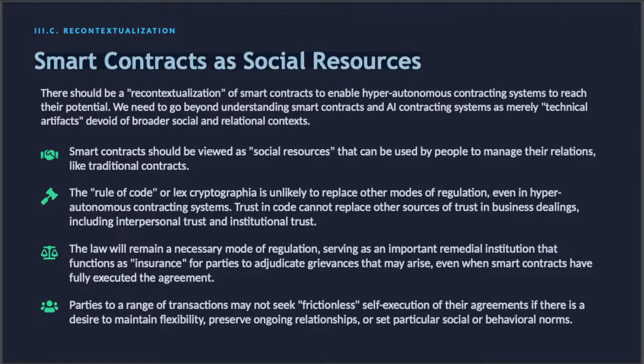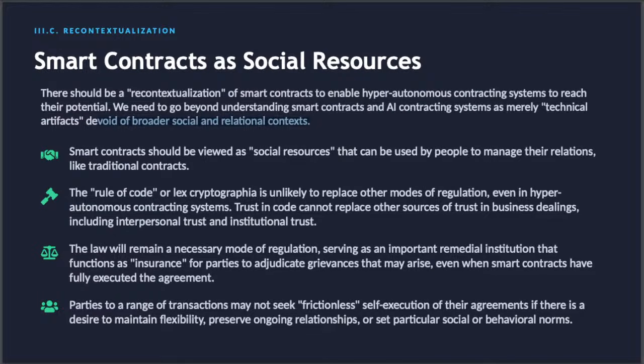Now let's look at smart contracts as social resources. There should be a recontextualization of smart contracts to enable hyper-autonomous contracting systems to reach their potential. We need to go beyond understanding smart contracts and AI contracting systems as merely technical artifacts devoid of broader social and relational context.